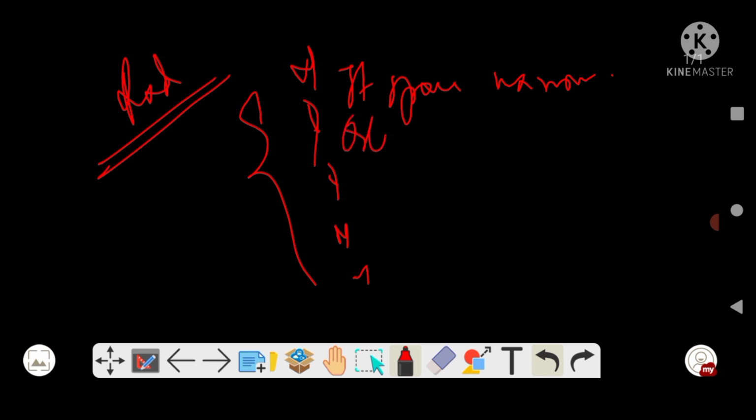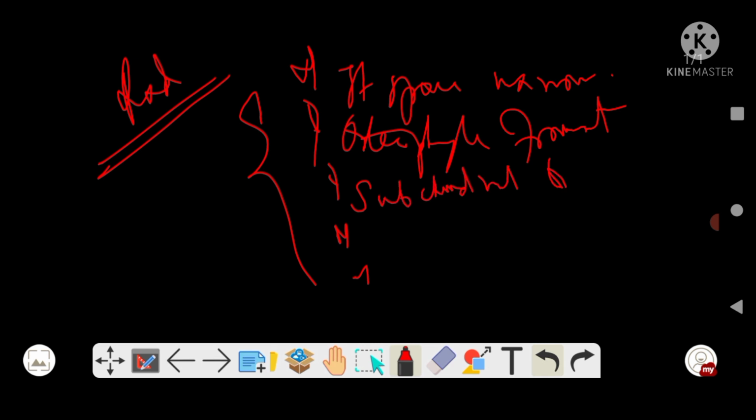Then there is osteophyte formation at the joint margins. There is subchondral bone sclerosis, right? Subchondral bone sclerosis. There are subchondral bone cysts, I will try to show it.